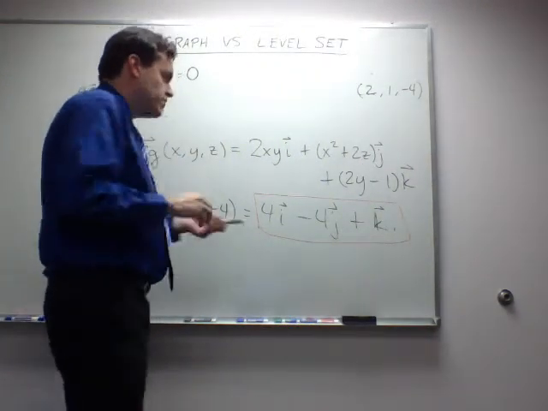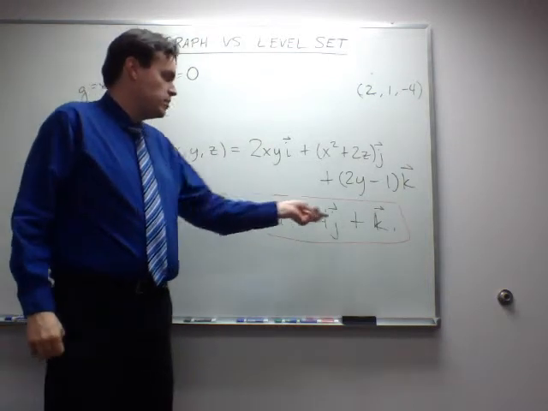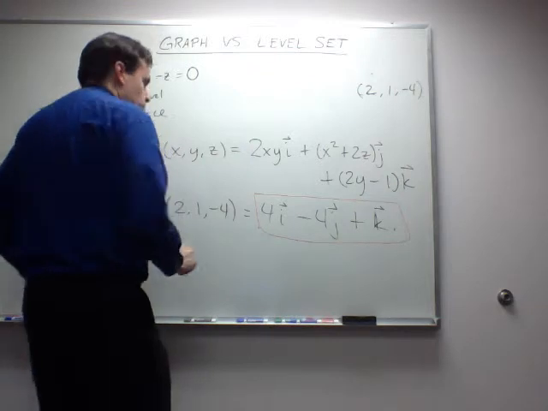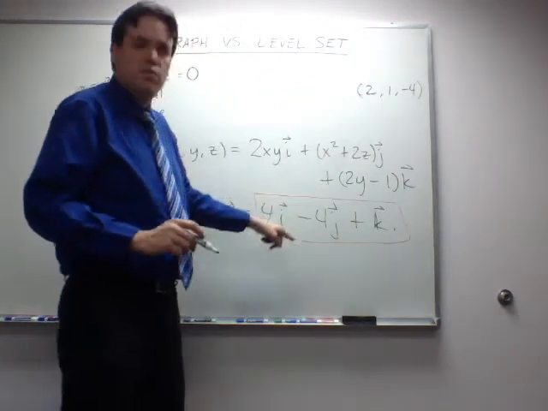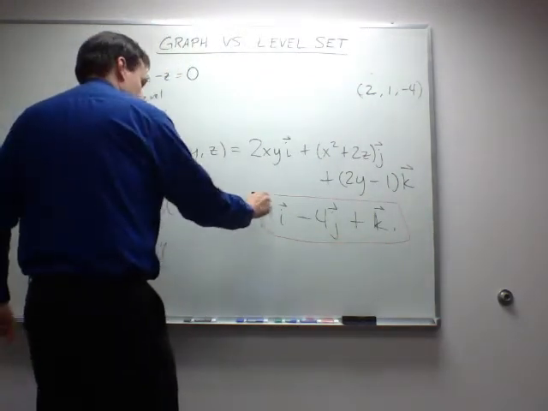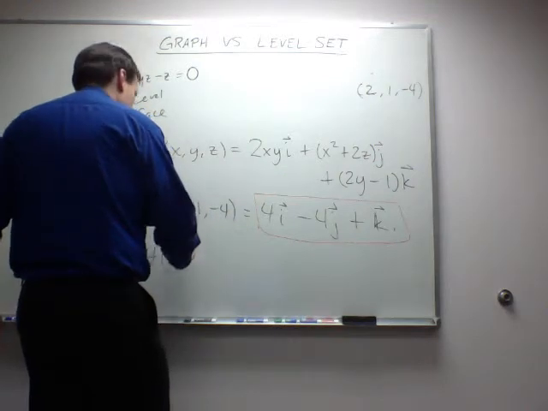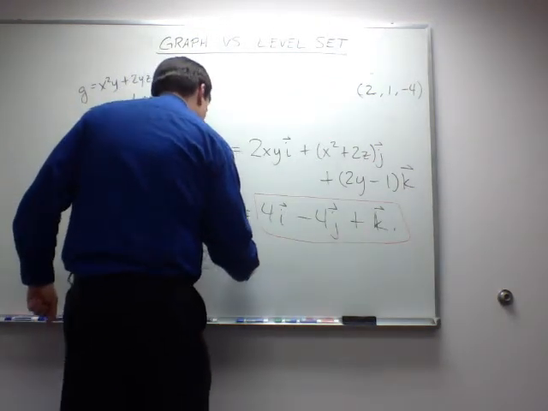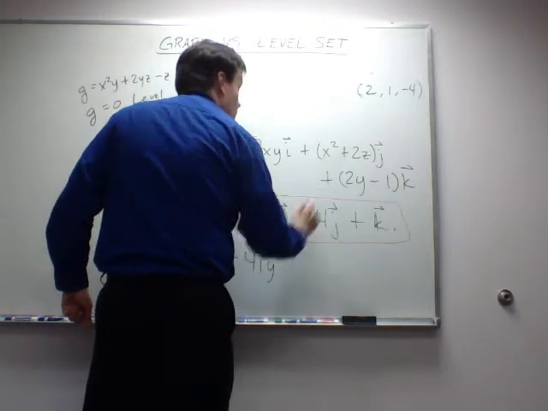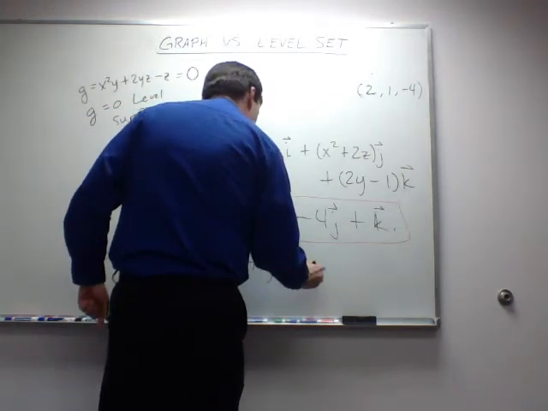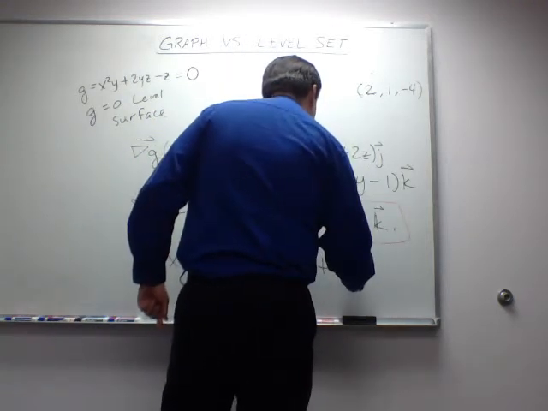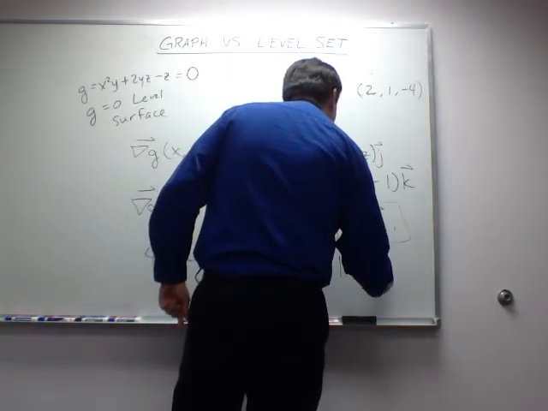To find the equation of the tangent plane, I'm going to use these components and set up my equation for a plane from this point normal to this vector. My vector is 4i minus 4j plus k, so I have 4 times (x minus 2), minus 4 times (y minus 1), plus 1 times (z plus 4).